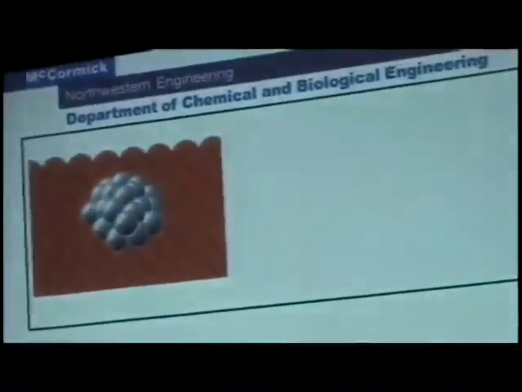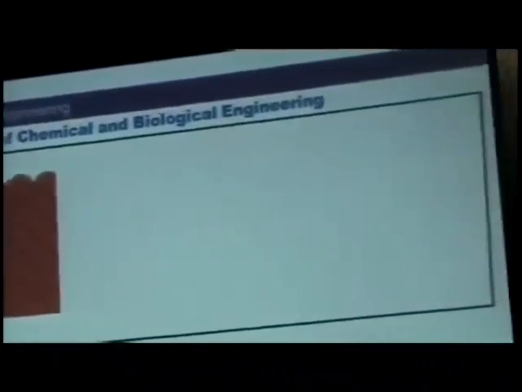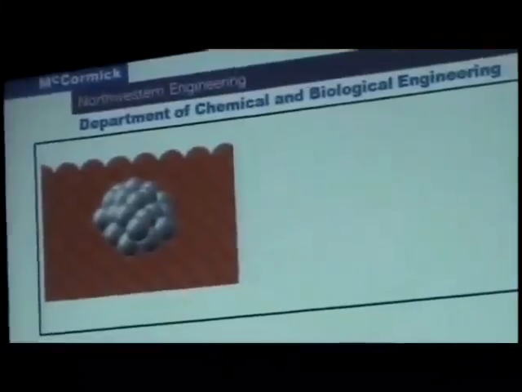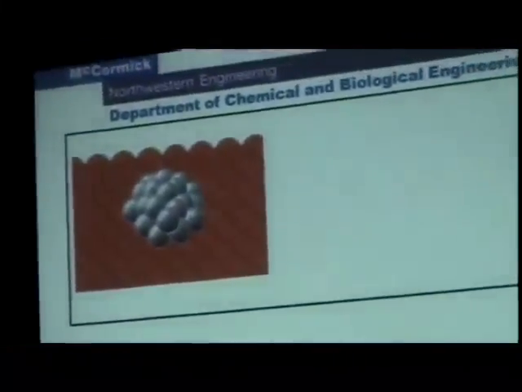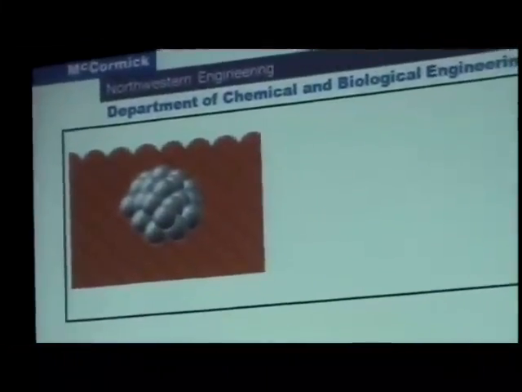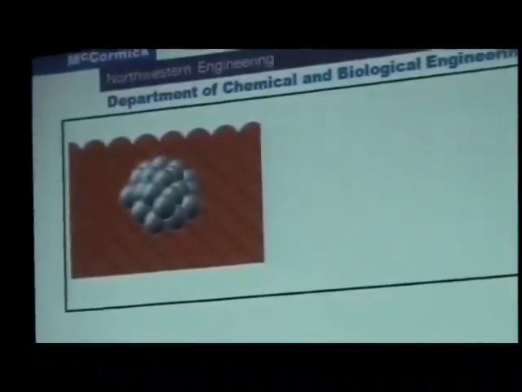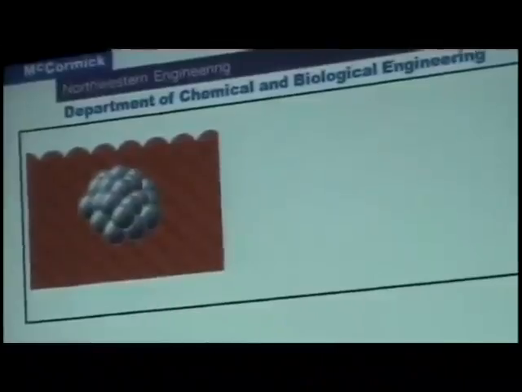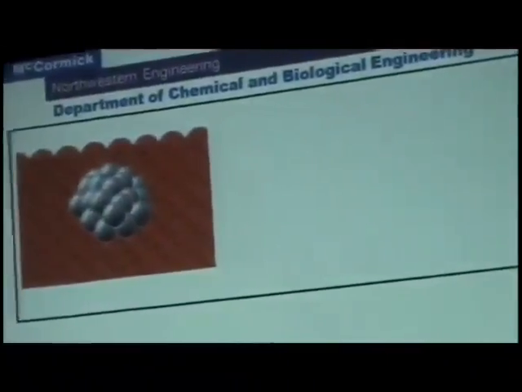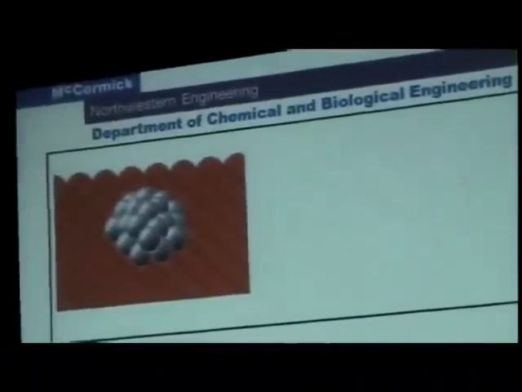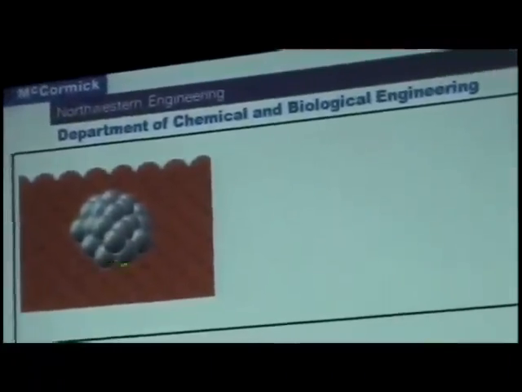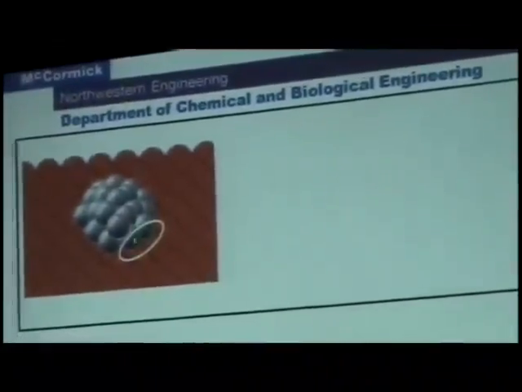Now, the supported metal catalyst has been around for a long time, and here's a schematic of it with a metal cluster on a support. Even today, we've heard talks in which investigators try to control how these metal clusters, their shape and size for example, would affect catalysis. One aspect of a supported metal cluster is that there's always this metal support interface.